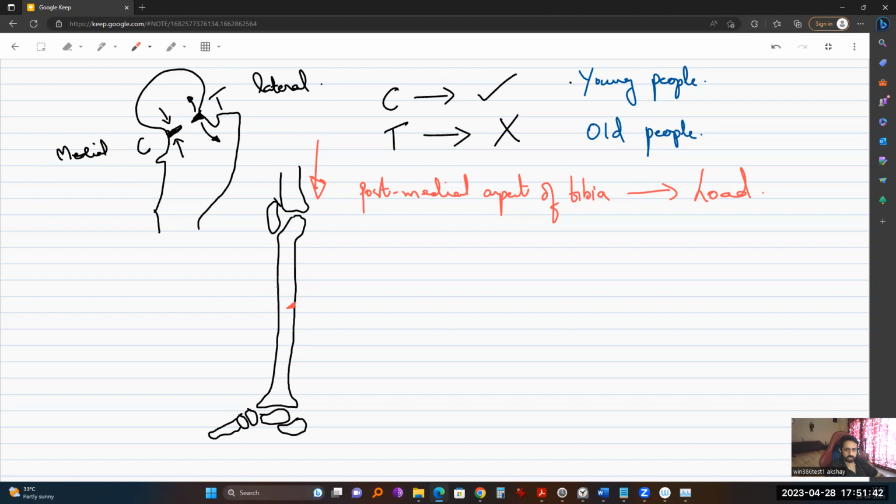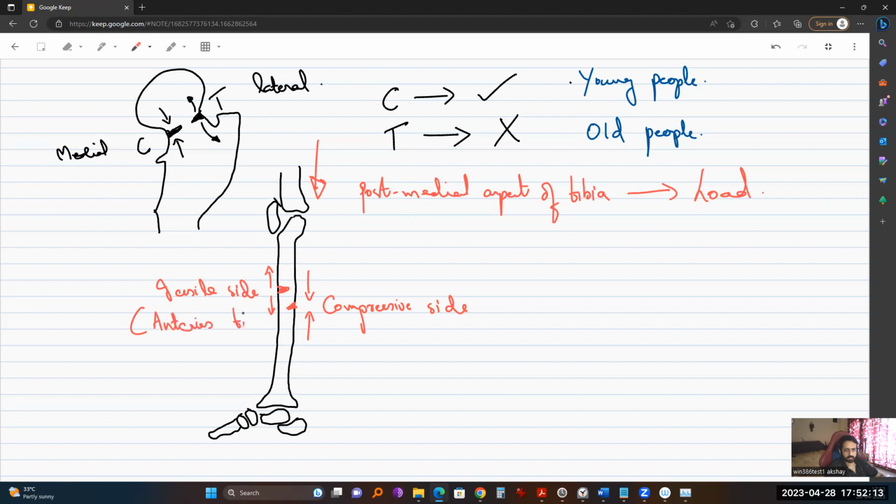Opposite to that, this is the tensile side, because this side is pulled apart. Here the posteromedial aspect, especially, is the compressive side, and this is the tensile side. This is the anterior tibia.